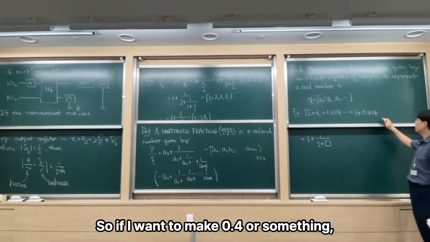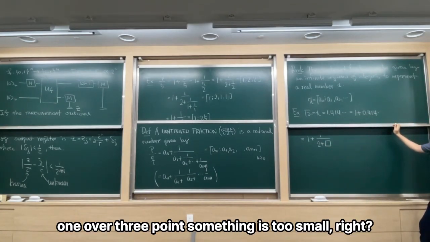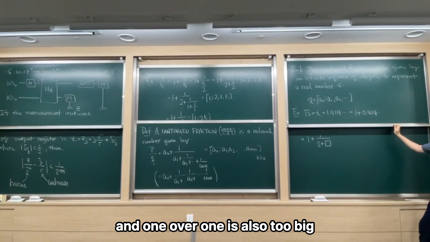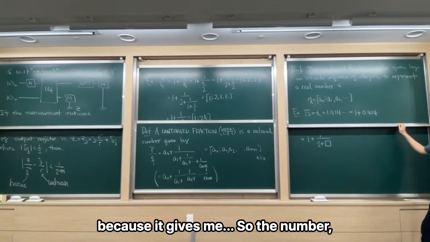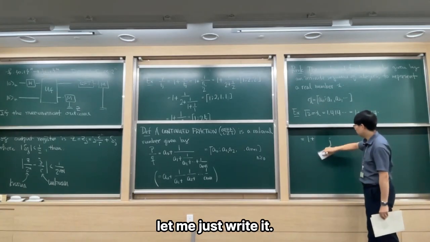So if I want to make 0.4 something, I think 1 over 3 point something is too small, right? Because it's 0.333, something like that. And 1 over 1 is also too big. So a number, whatever goes in here, let me just write it here.